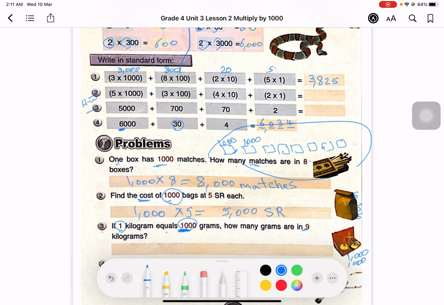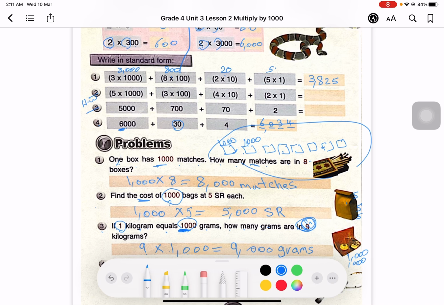You are going to repeat 1,000 9 times. So what you are going to write? 9 by 1,000 equal. You will drop 3 zeros, and the basic fact is 9 times 1, 9. So they said the question is how many grams? So I will write here grams. My unit is grams. Okay?